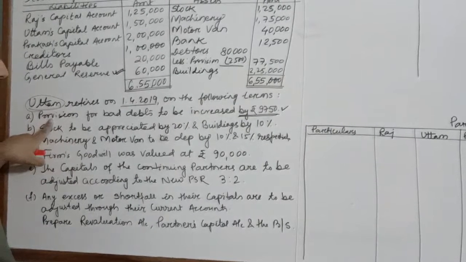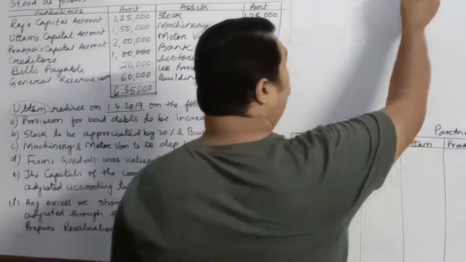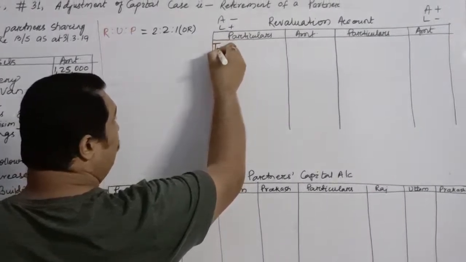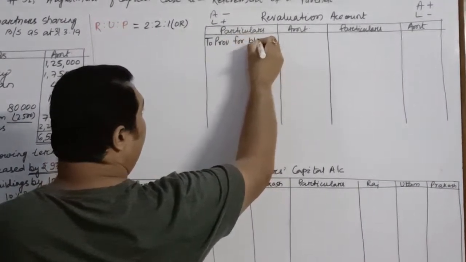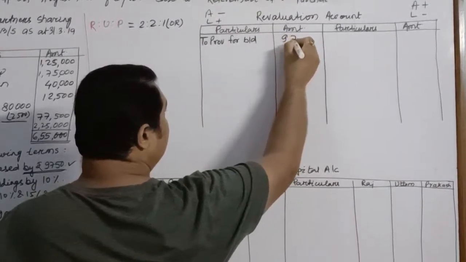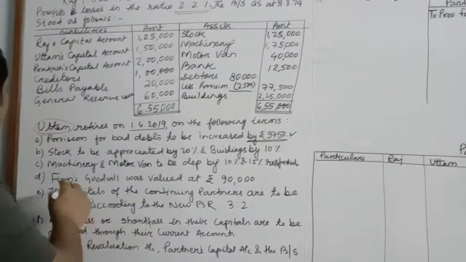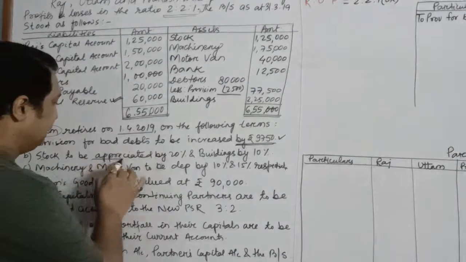Provision is a liability and it is to be increased by 9750. So as you know that liabilities when increased is written on the debit side. So here I am writing provision for bad debts 9750. After this, the second adjustment is stock to be appreciated.